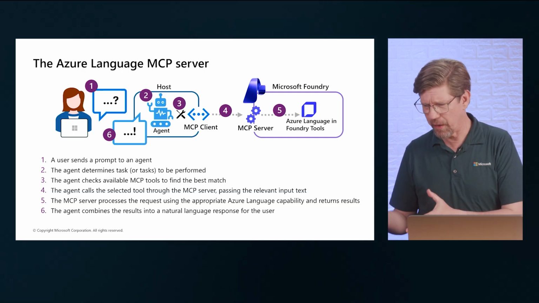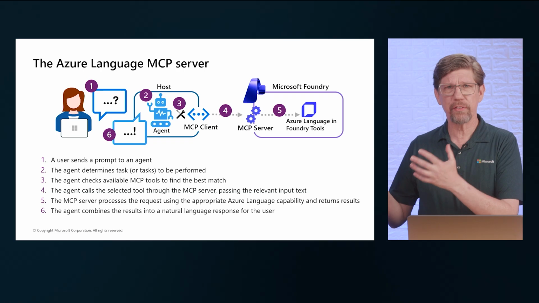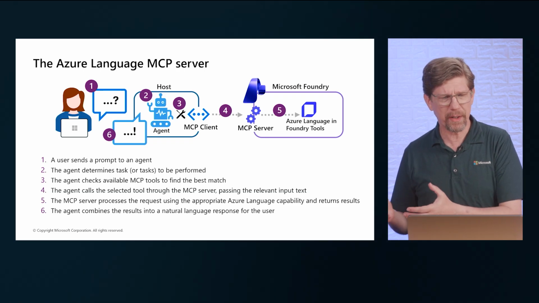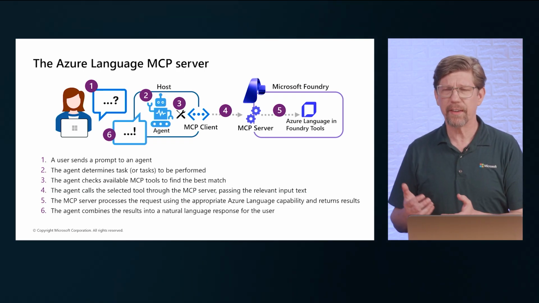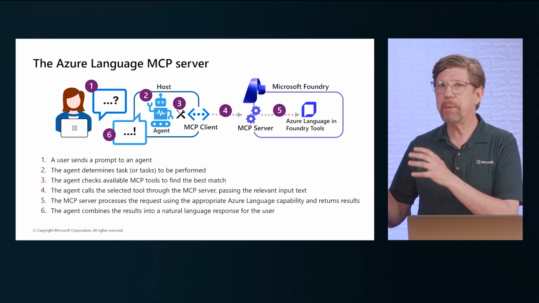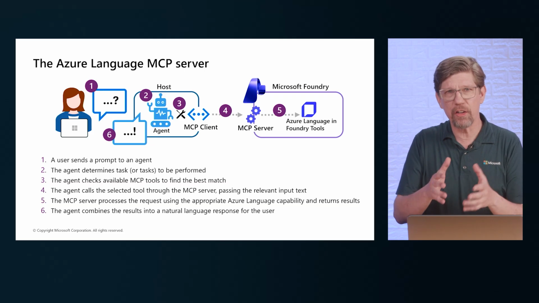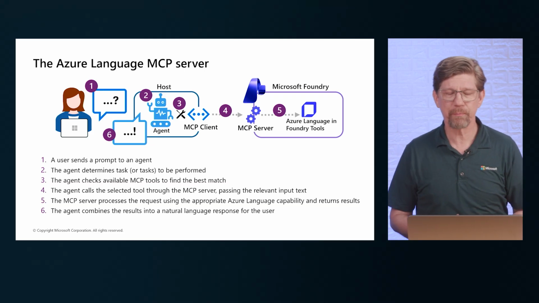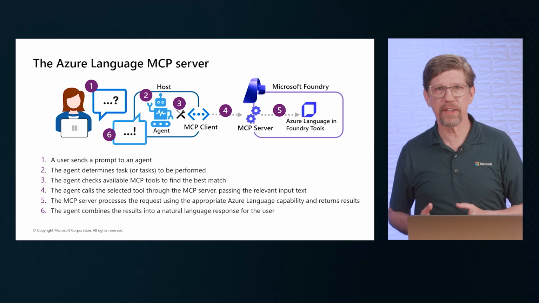And we also saw that there is this language processing system, the Azure language capabilities, that could be used in place of large language models. So now we're going to bring those two ideas together.